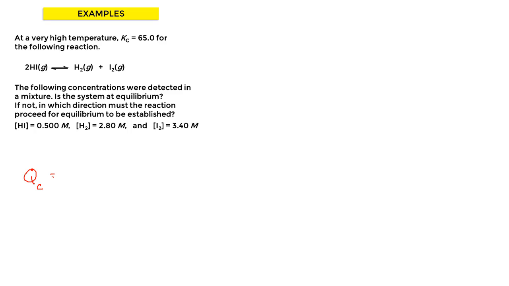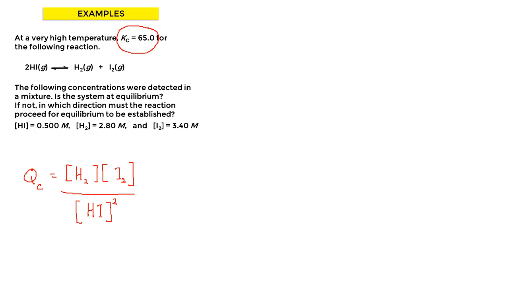Qc equals the concentration of hydrogen gas times the concentration of iodine gas divided by the concentration of hydrogen iodide gas to the power of 2. Kc we do not need to calculate, it is given. Qc we do not know yet, so we have to calculate it.